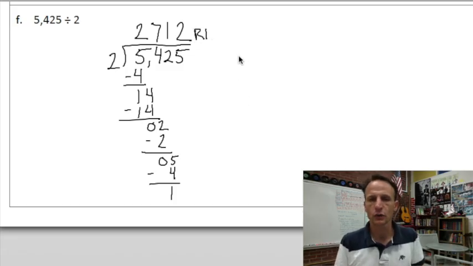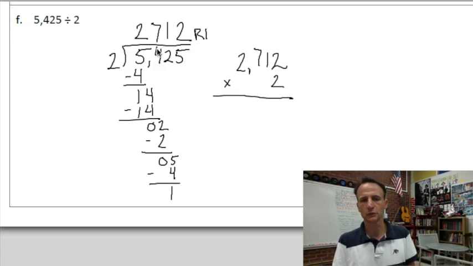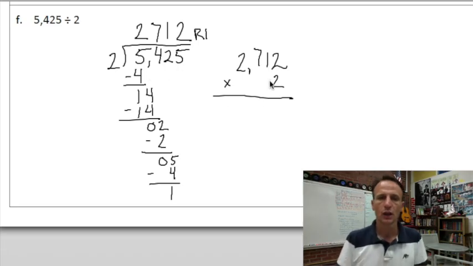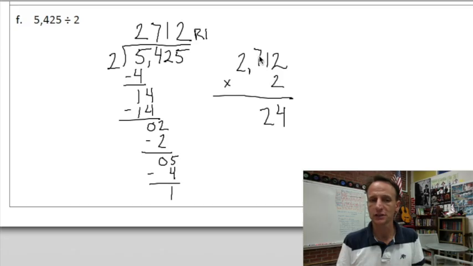So if we take our quotient, the answer there, 2,712, and multiply it by our divisor of 2, we should end up with the dividend we started with. Let's see what happens. 2 times 2 is 4. And 2 times 1 is 2. 2 times 7, yep, 14.